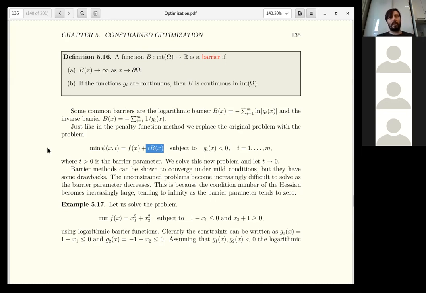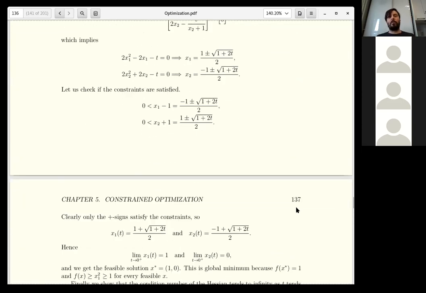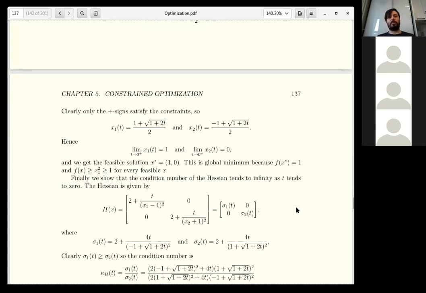Here's an example again. It's done analytically. There are two constraints, which are now linear or affine constraints. The barrier parameter t appears here, and when t approaches zero, we get a solution that converges towards the feasible solution 1 and 0.